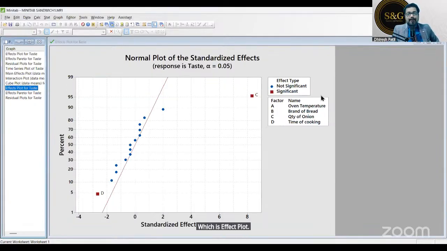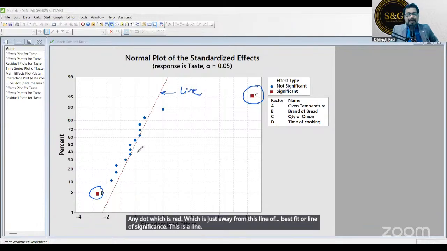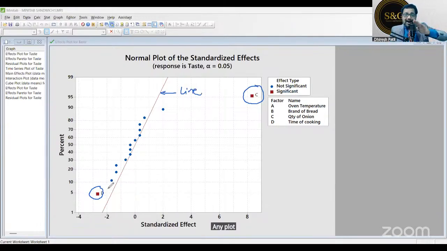Now, this is nothing but the normal probability plot. In this plot, you can see the red dots here. Any dot which is just away from this line of best fit or line of significance, a little away from it, is shown as a significant dot and shown as red.